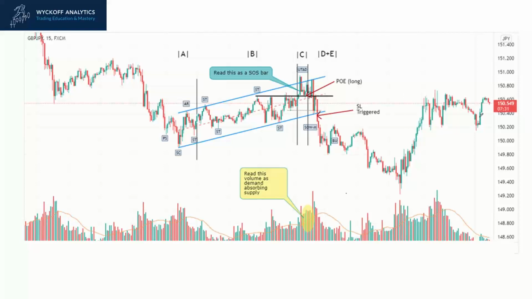Really good point. Yes. So where would be that danger point for you, Franz? Well, the danger point, as you described, is after this attempt to upthrust. And as we see volume, especially that second, I mean, there's one volume spike with supply in it, and then there's a second one after, where the breakdown occurs.